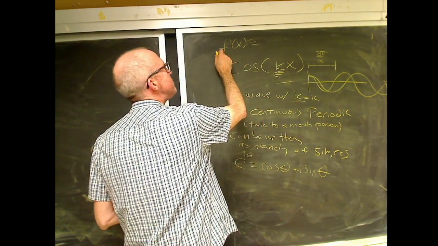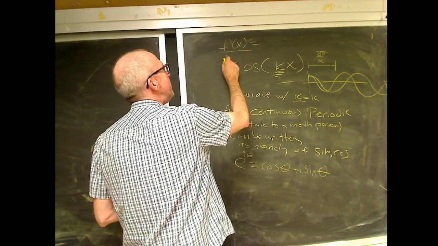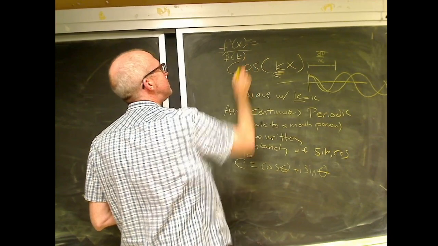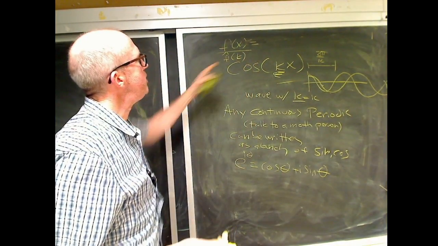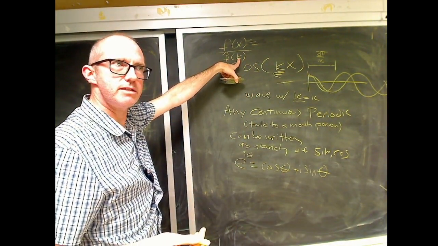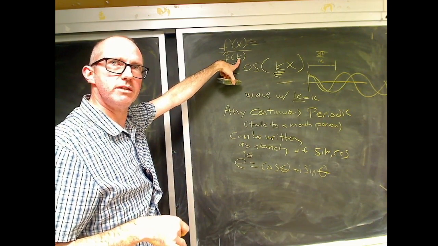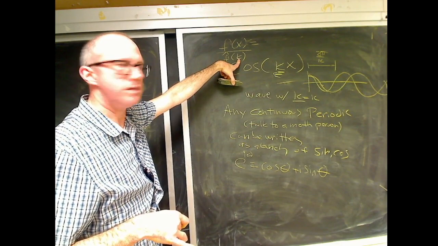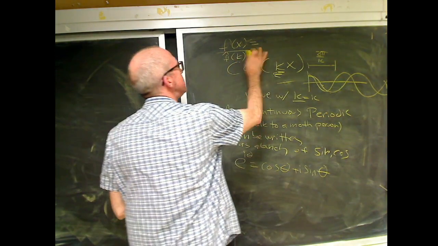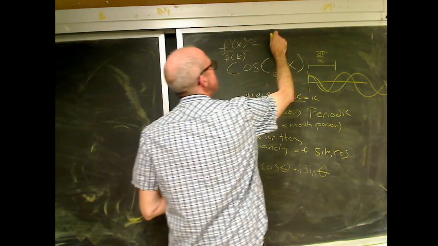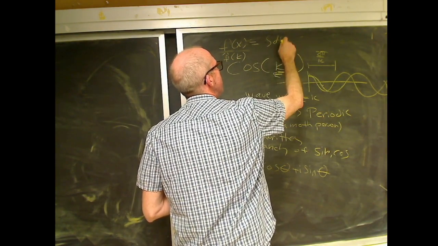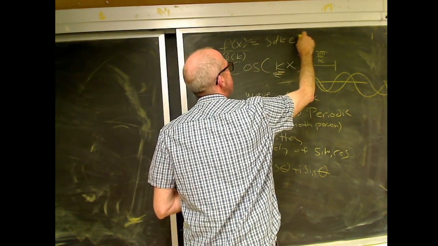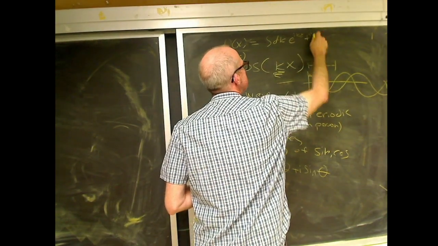So I've got f of x, that's my function, and f hat of k, this is the amplitude that each wave vector k gets. It's an equivalent description of the function. Does that make sense? I'll show you how to get f hat of k in a second. f of x is the integral of dk e to the i k x f hat of k.